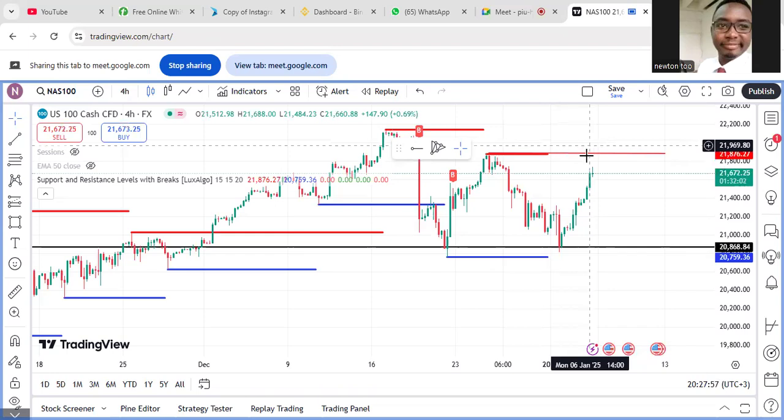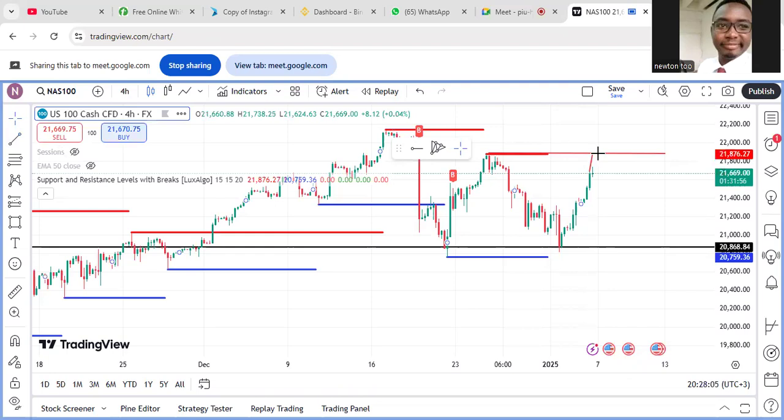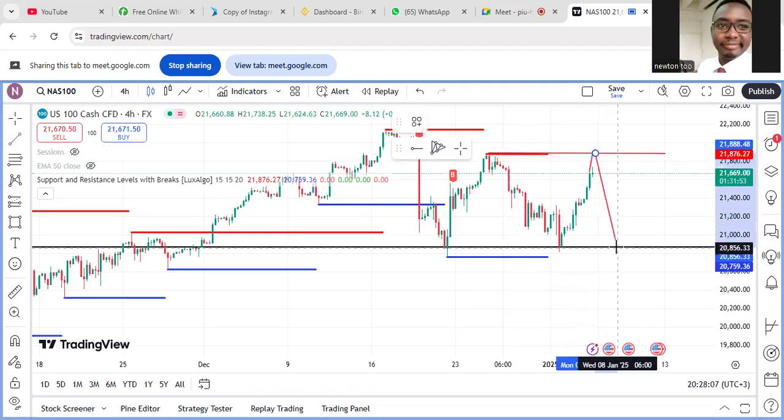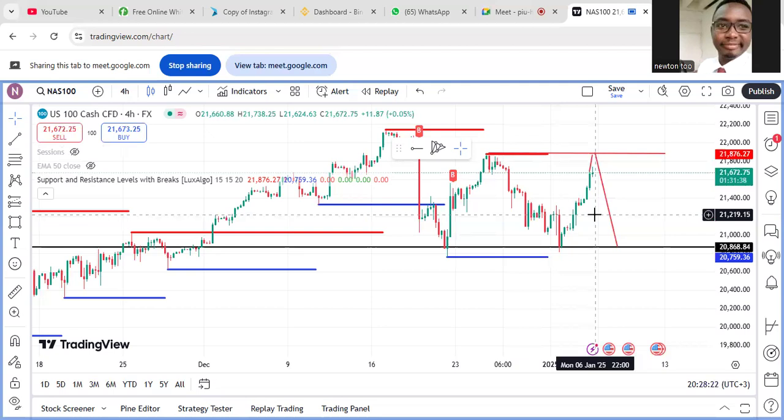When you see the market has come back to this area, sell. Just sell. Don't compromise with the market. See how it is? So you can just be playing with these regions.